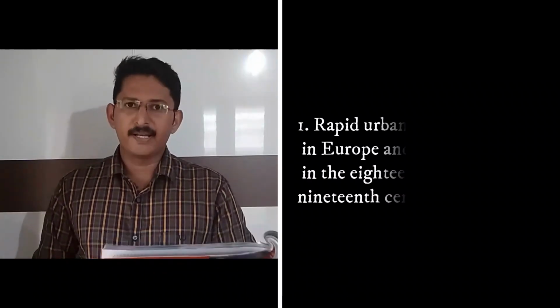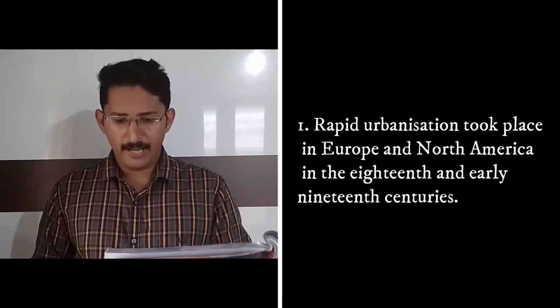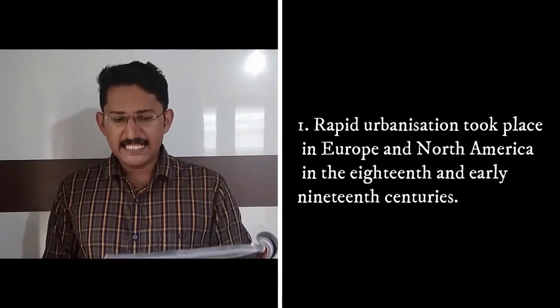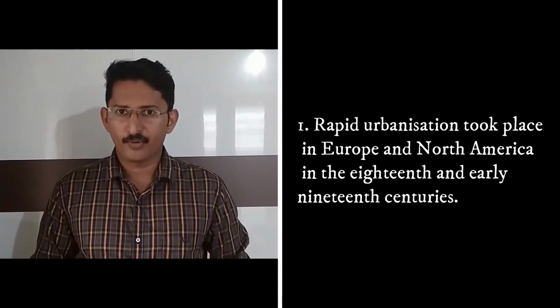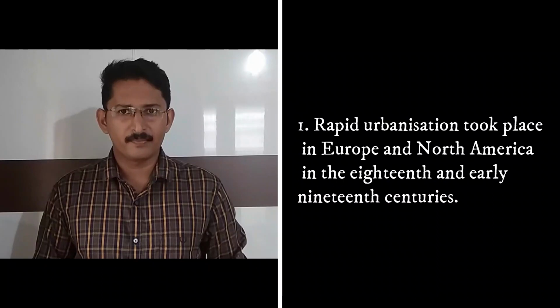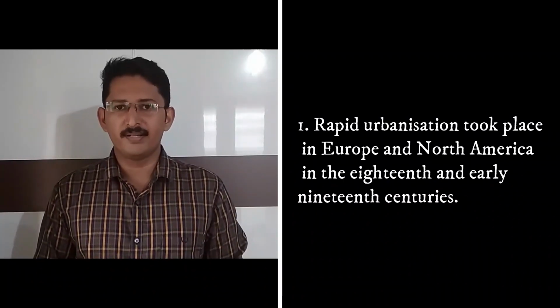The first statement: rapid urbanization took place in Europe and North America in the 18th and early 19th century. Is it a right statement? What do you say? Of course, it's not a right statement. What is the right statement?